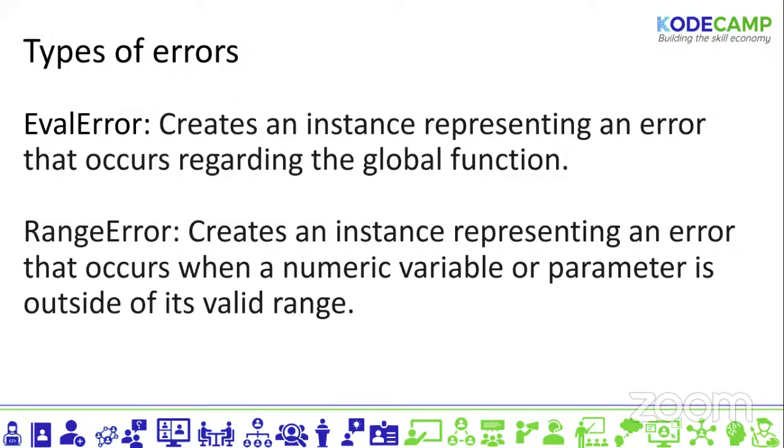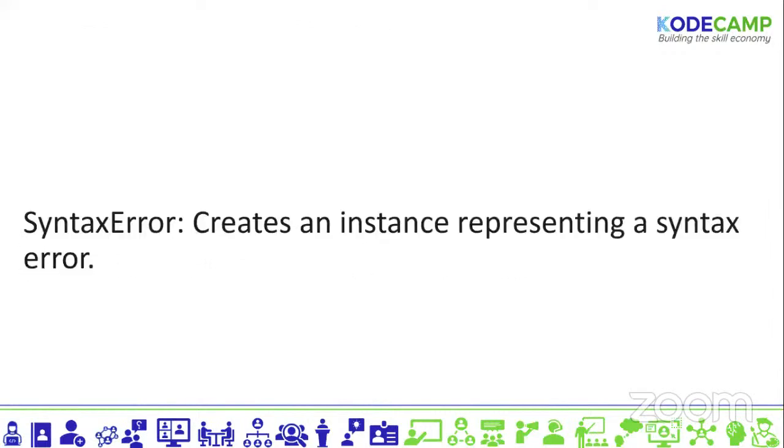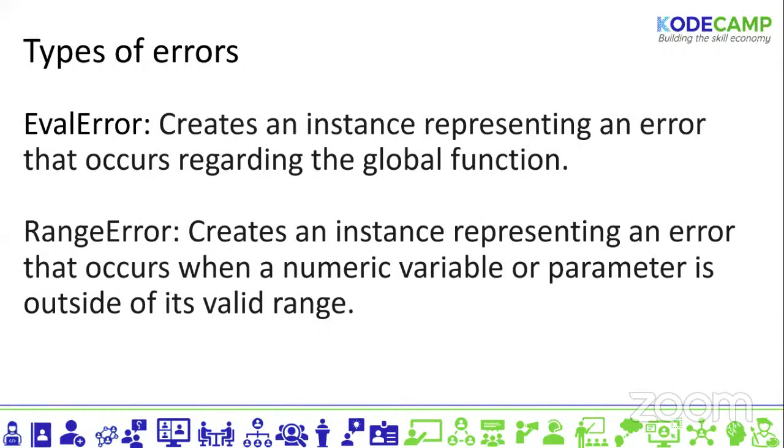When ES6 came out, EvalError was replaced with SyntaxError. So instead of EvalError, anytime there's an error regarding the global function, SyntaxError would be used instead.